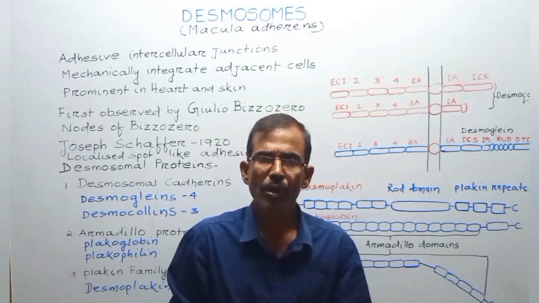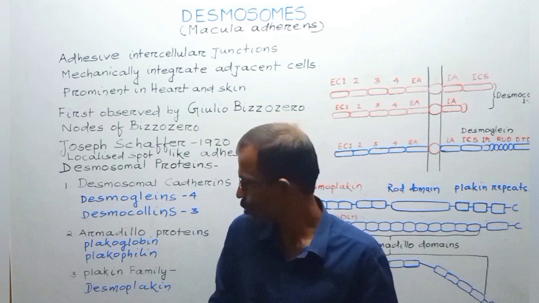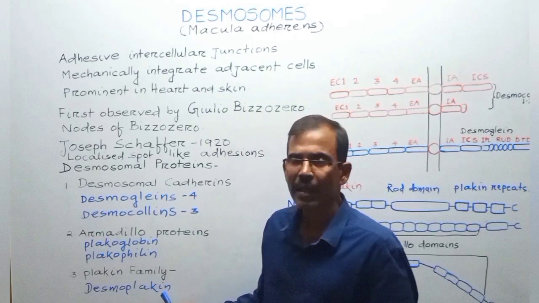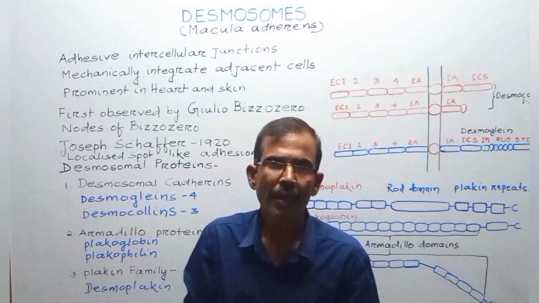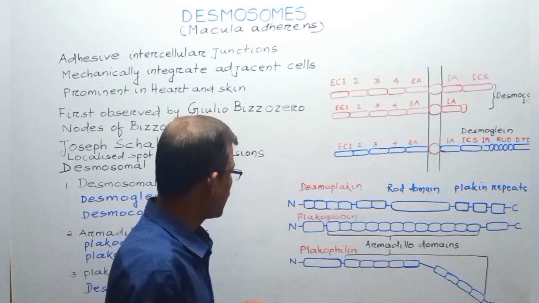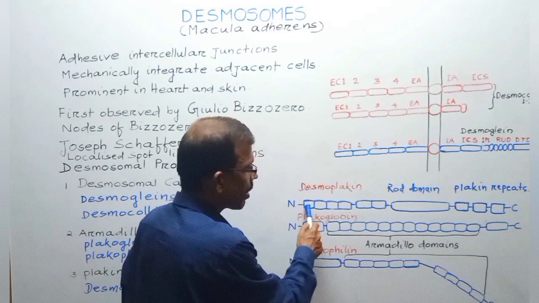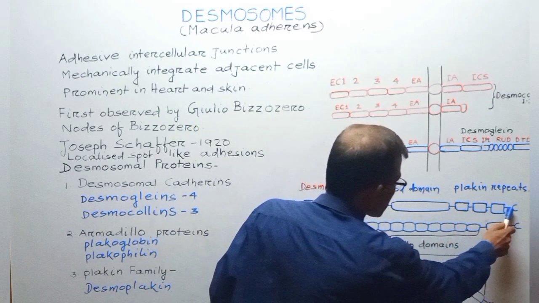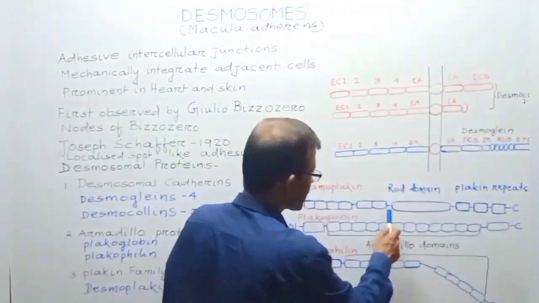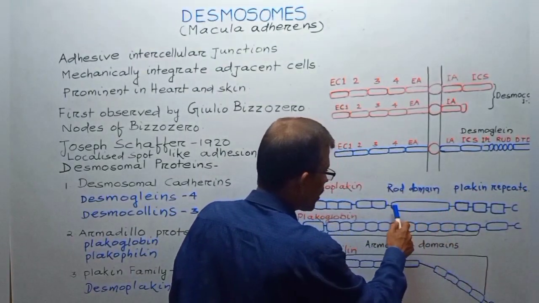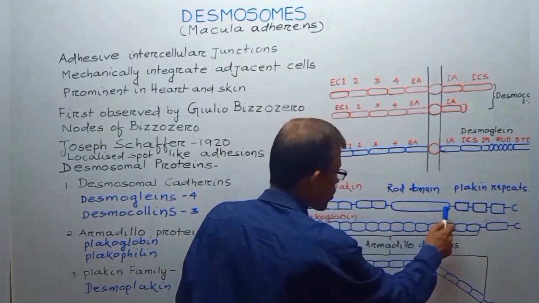The third type of protein present in the desmosome is desmoplakin, which is a member of the plakin family. In desmoplakin, the amino terminal and carboxyl terminal globular domains are joined by a central alpha helical coiled rod domain.